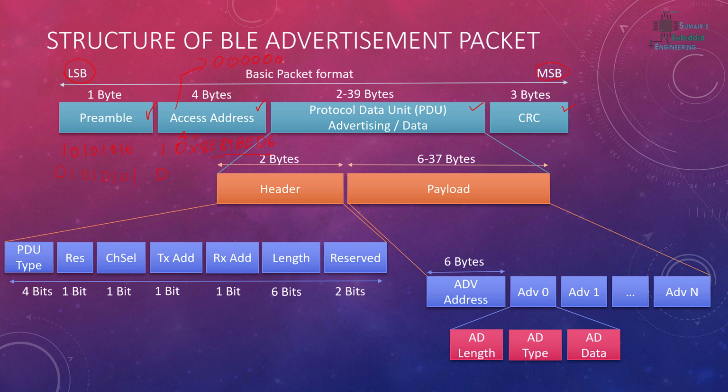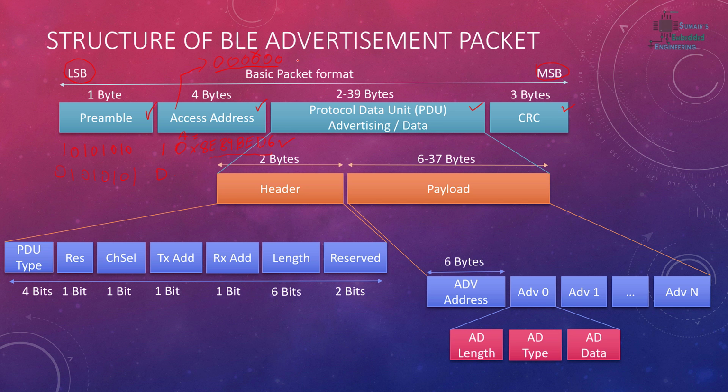Otherwise it would not be a valid data access address. The specification says that it should not contain 6 consecutive zeros or 6 consecutive ones. And it cannot be similar to the broadcast access address, which is this one. This is the broadcast or advertisement access address.